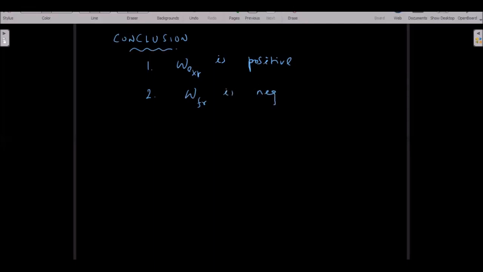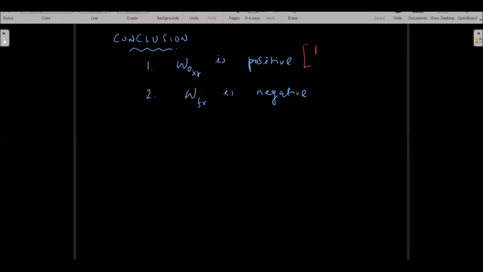So in this case, what I'm going to explain is that first point you see, now I'm writing conclusion. So we have to take the initial cases like this. Conclusion. First point, work done by external force is positive. Second point, work done by friction is negative. Achha, it was positive. Why?